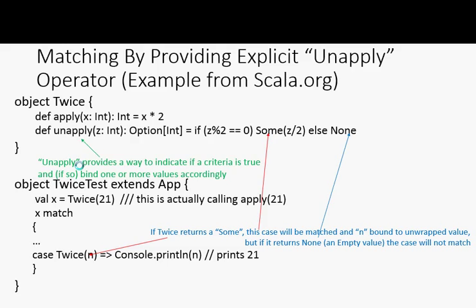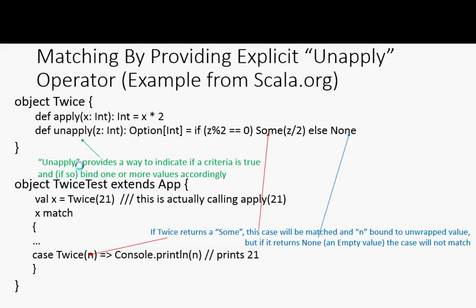So this twice here is actually a call to unapply. Twice of n is calling unapply with an argument that's x, right? That's how match works. Match operator is going to successfully go through the cases, and if they involve something where unapply is needed, it's going to call unapply with whatever is being matched. Here it's x.